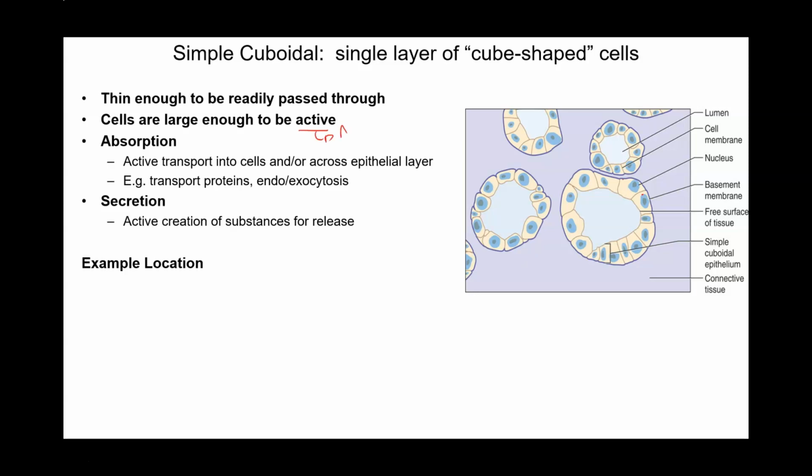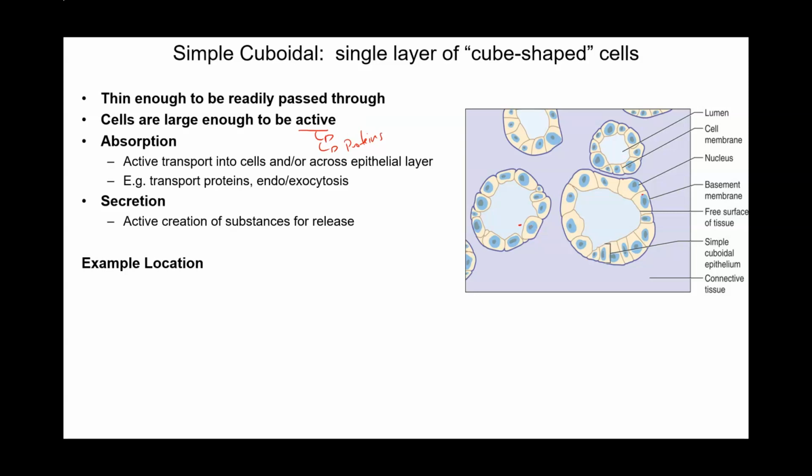In other words, they can make lots of ATP, lots of transport proteins, and lots of proteins for release. And so they are involved with absorption, either the active movement, where they take up something in the lumen and actively pass it through using transport proteins or endocytosis and exocytosis.